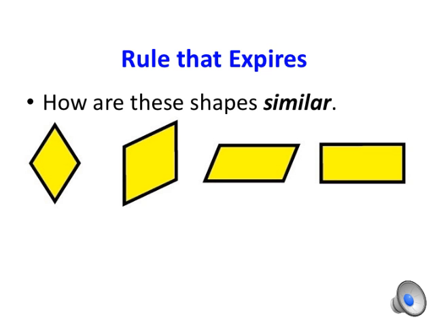Another common rule that expires happens when we teach students to compare shapes. The rule that expires is taught when teachers ask how shapes are similar. This rule expires in later grades when students learn about similar shapes.